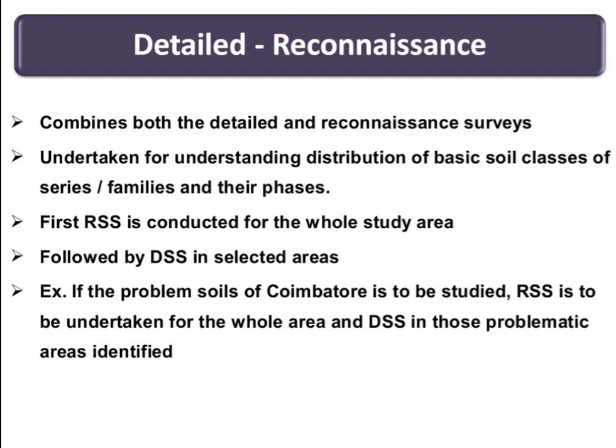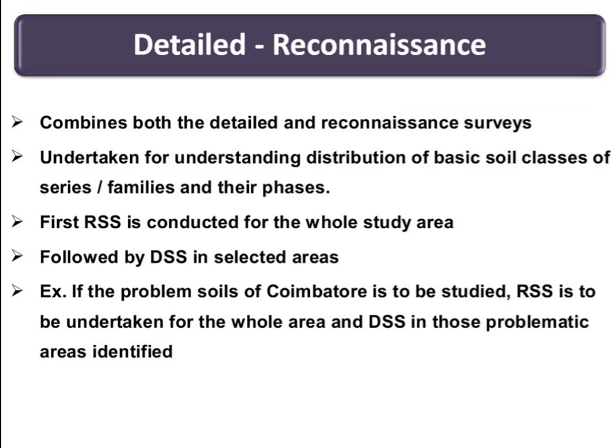Then the next type of soil survey is detailed reconnaissance survey. This kind of survey combines both the detailed and reconnaissance surveys described above and is undertaken for understanding the distribution of basic soil classes of series, families and their phases.